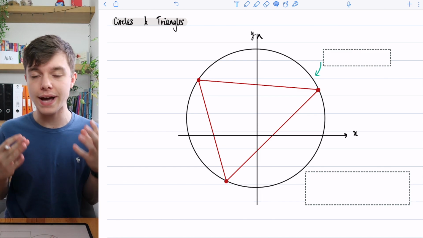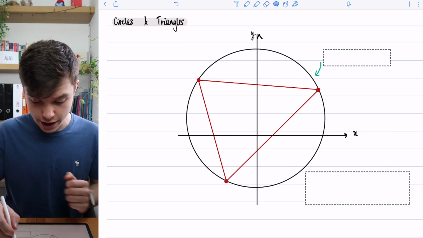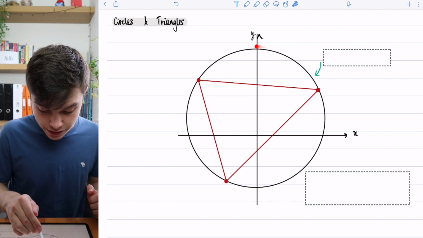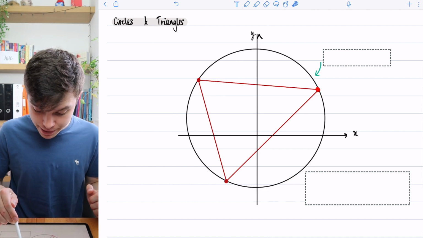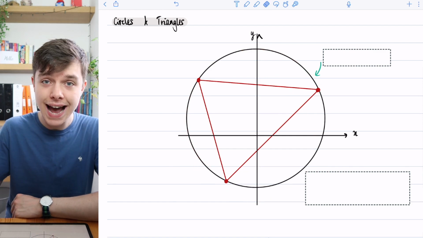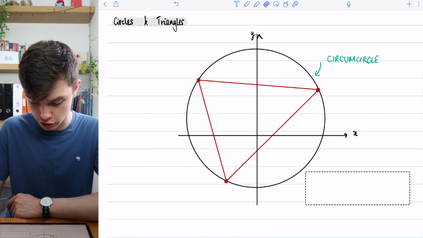So we can always take 3 points on the circumference of a circle, connect those points together to make a triangle, and then this circle out here that passes through all of these points is a perfect circle, and it actually has a name. It's called a circumcircle, okay?